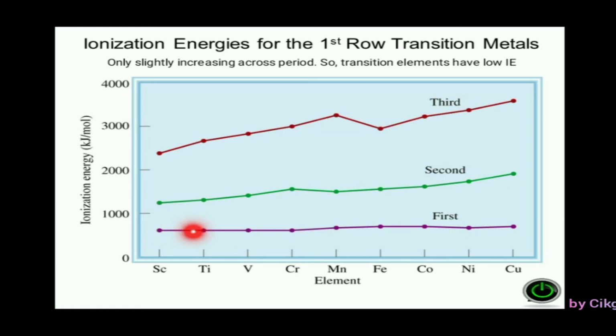For the second and third, there are some exceptions here: the third one for manganese, and the second for chromium. Why does this happen?